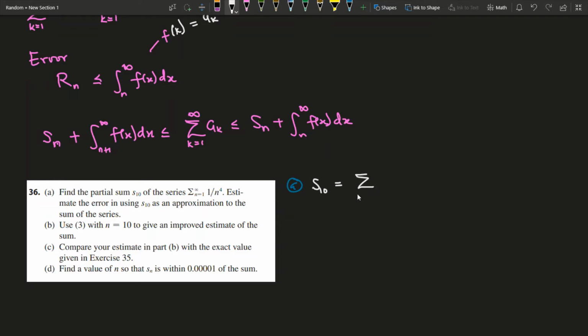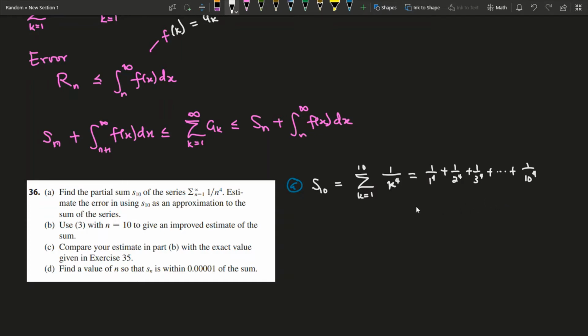Here n is 10, the sum from 1 to 10. The series is 1 over, just replace n with k, it doesn't matter, k to the 4. So this is exactly 1 over 1 to the 4 plus 1 over 2 to the 4 plus 1 over 3 to the 4 plus dot dot dot up until 1 over 10 to the 4.